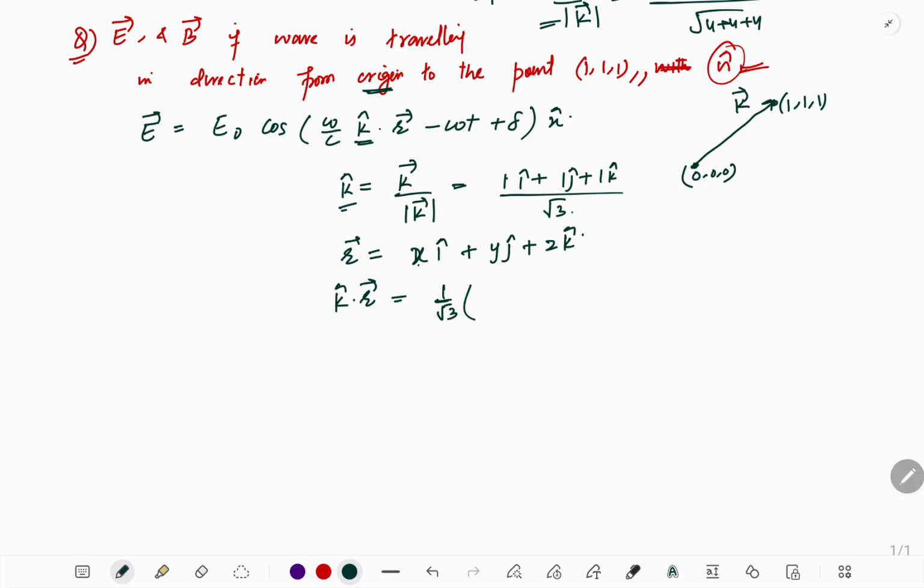Okay, so it's (x + y + z) over root 3, so this is k dot r.